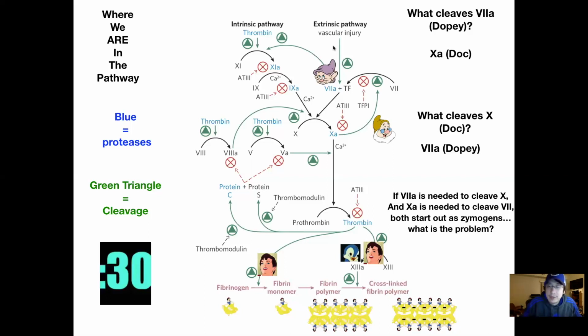So maybe how would you fix this problem? If 7A is needed to cleave 10, if 10A is needed to cleave 7, and both start out as zymogens, how could we possibly solve that problem?